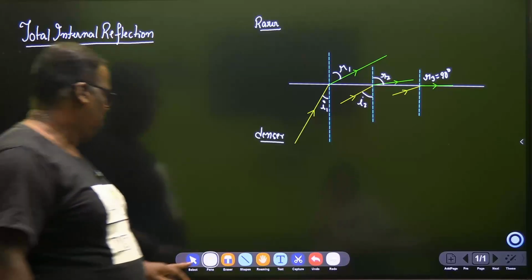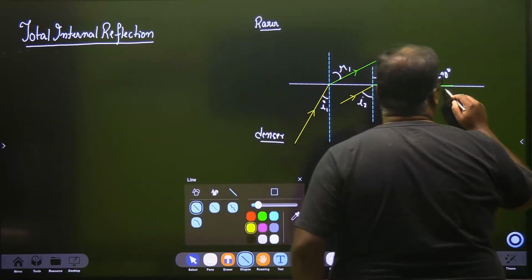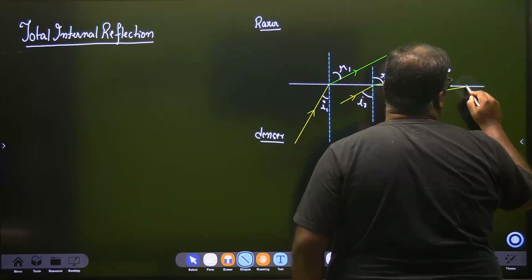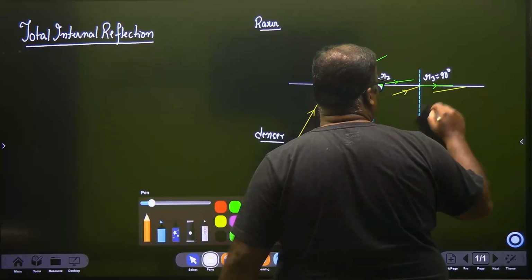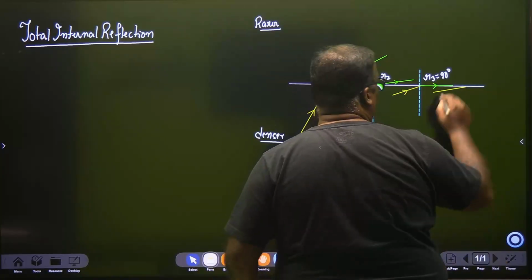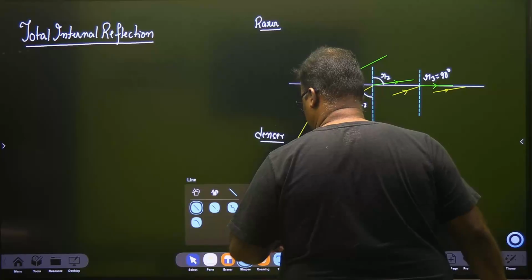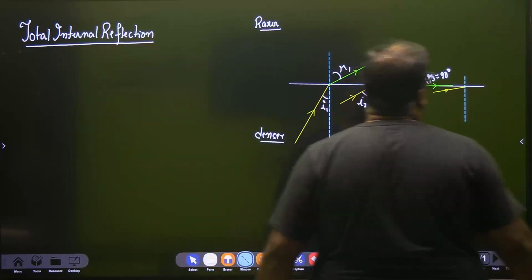Fine. And on my fourth iteration, I increase the angle of incidence further beyond this. Okay, further beyond this. And now what will I see?